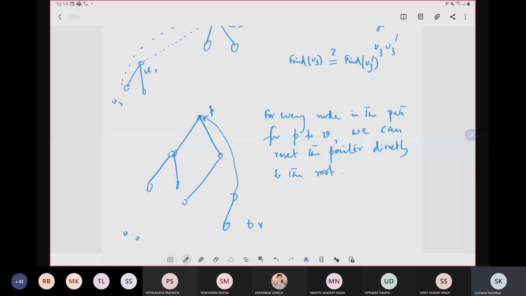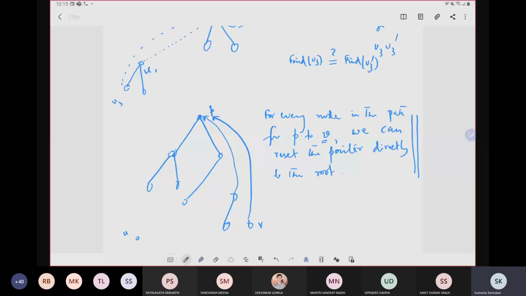So what will happen then? See, now I have two things to consider. One is how much time I take to do this. And the second thing, what benefit do I get out of it? So how much time does it take to do the direct connection? Let's say I did this find V once. So I traveled this entire path, V to P, and that's why it took log n time.